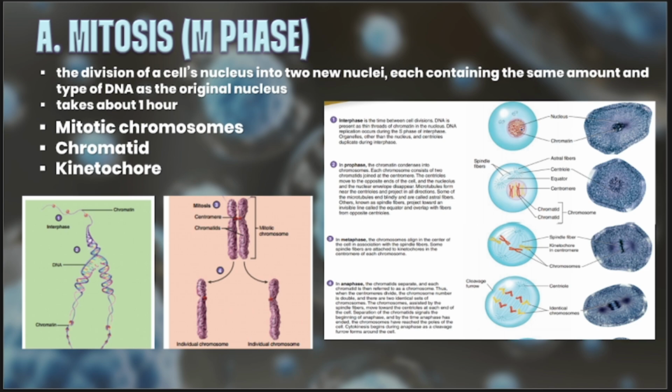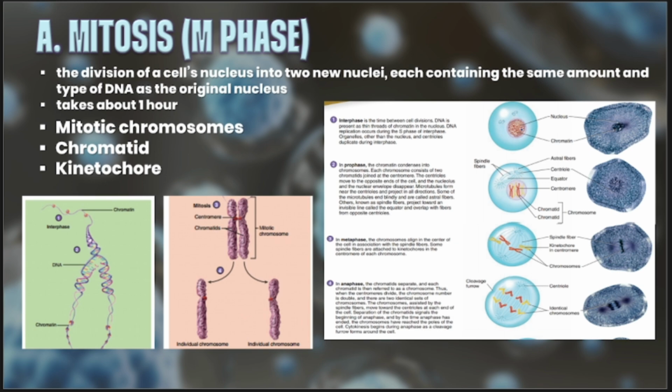We have your mitotic chromosomes, your chromatid, and your kinetochore. Your mitotic chromosomes are highly condensed chromosomes which are visible during mitosis, each consisting of two identical sister chromatids.